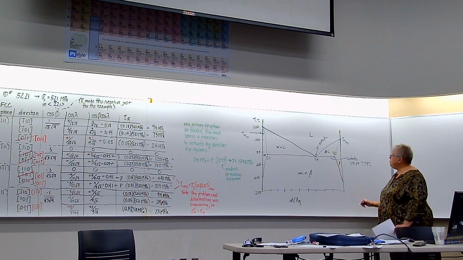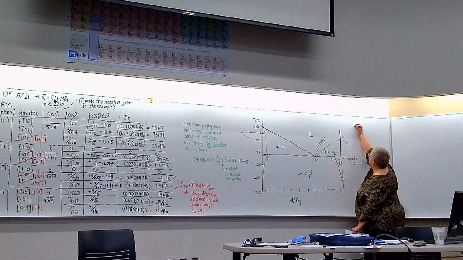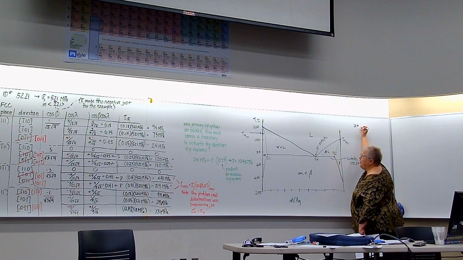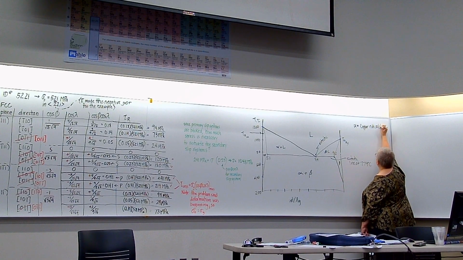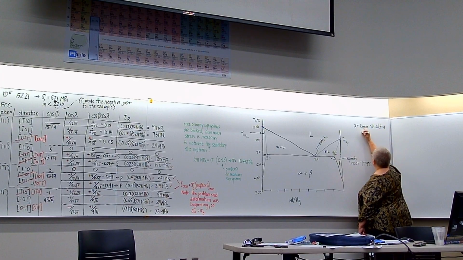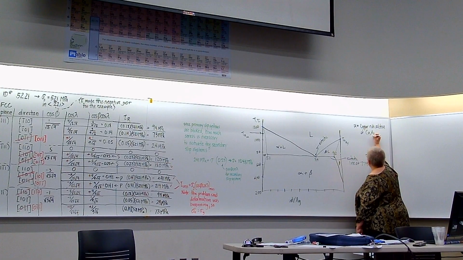Okay, so alpha is a copper rich solution of copper and silver.